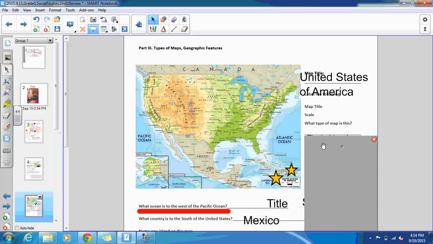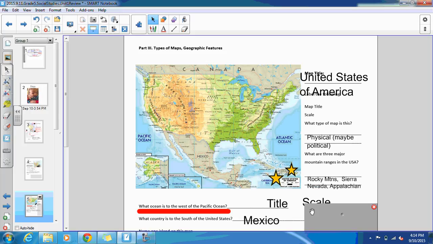Well, because it shows both political and physical features, it's going to be both physical and political. 3 major mountain ranges. You have the Rocky Mountains, you have the Sierra Nevadas, and you have the Appalachian Mountains. I'm going to say Cascade Range is technically wrong because it is smaller font than the other 3 mountains. Okay? What ocean?